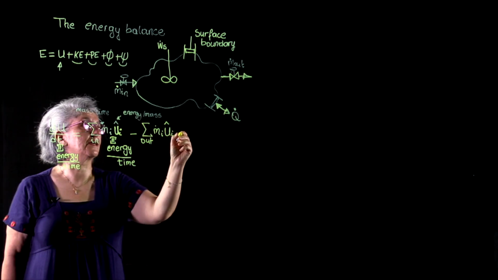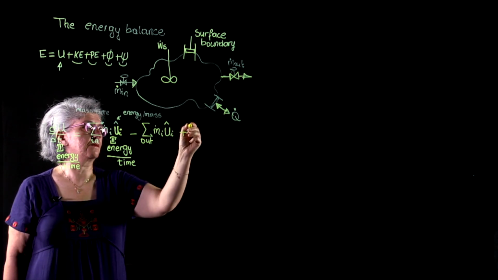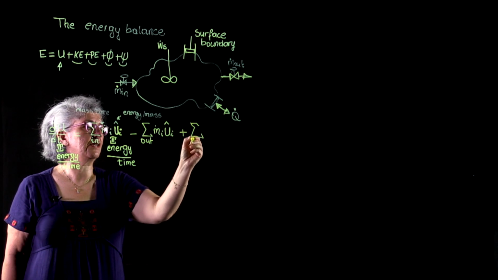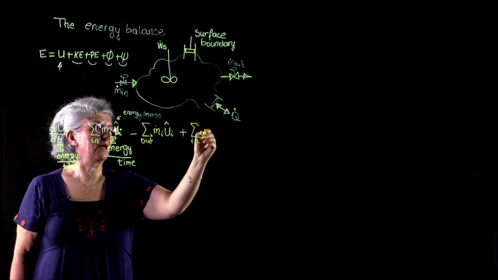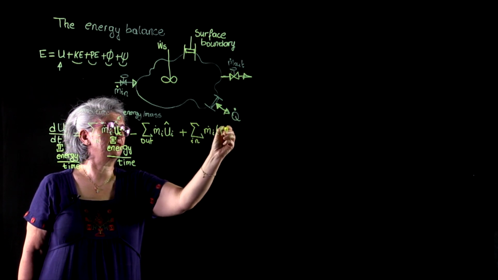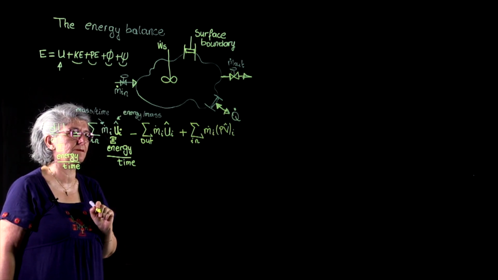Okay? I will add the PV work that are pertinent for all the incoming streams, m dot i times P times V hat i. This is the specific volume per unit mass.